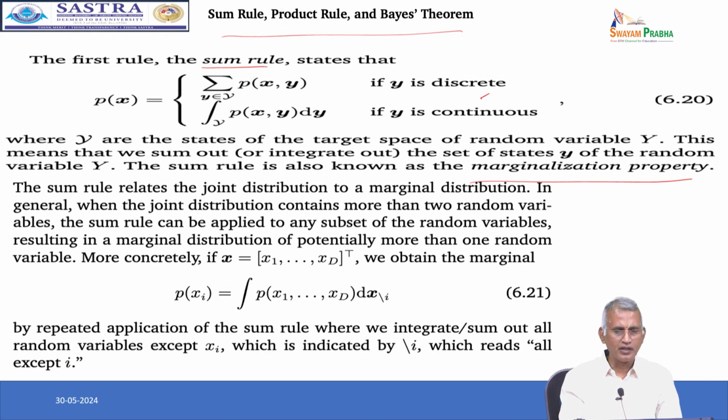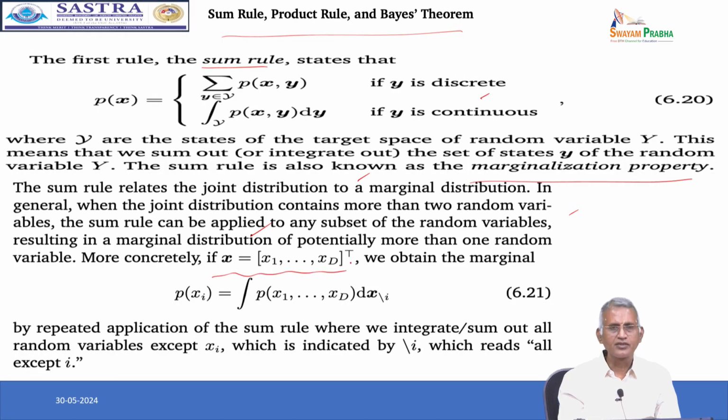Now, the sum rule relates the joint distribution to a marginal distribution. In general, the joint distribution contains more than two random variables. The sum rule can be applied to any subset of the random variables, resulting in the marginal distribution of potentially more than one random variable.